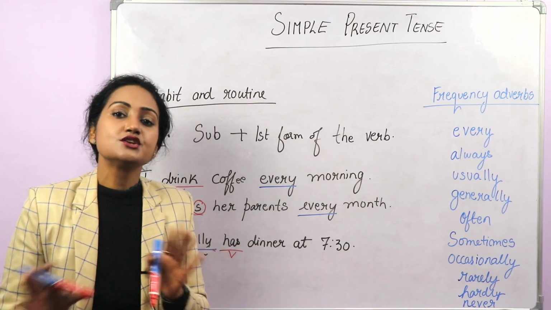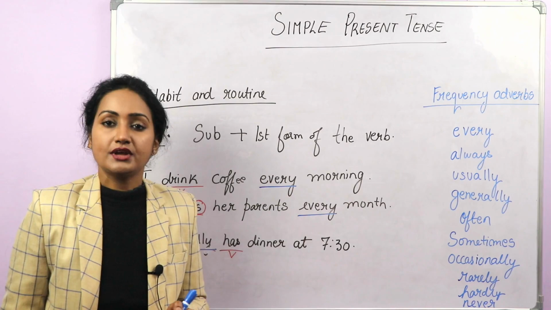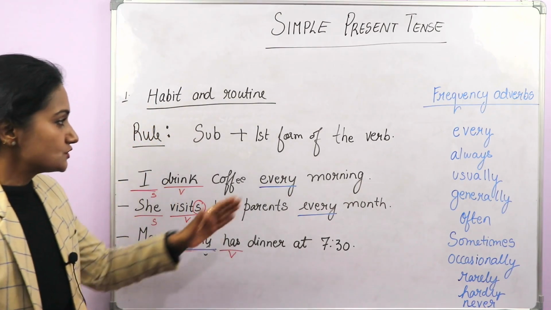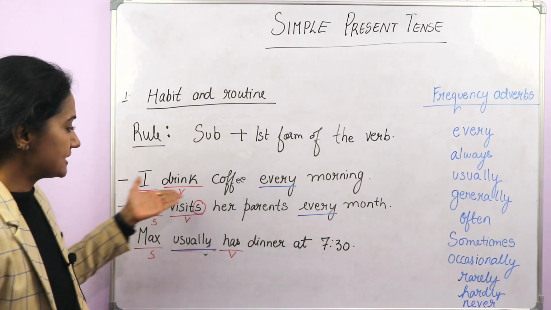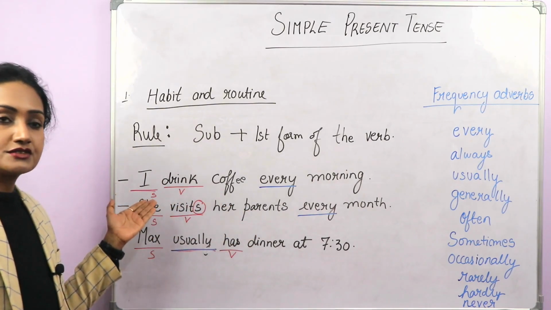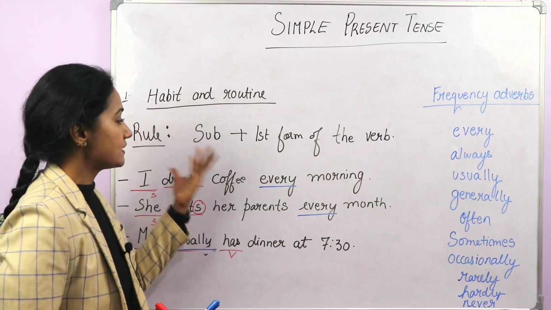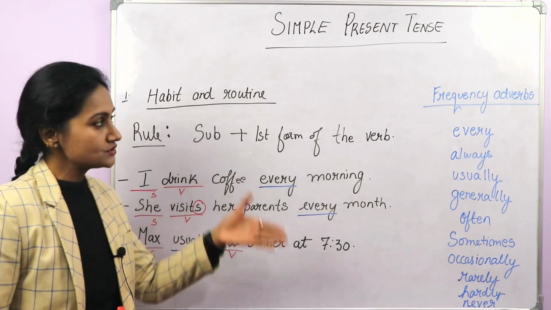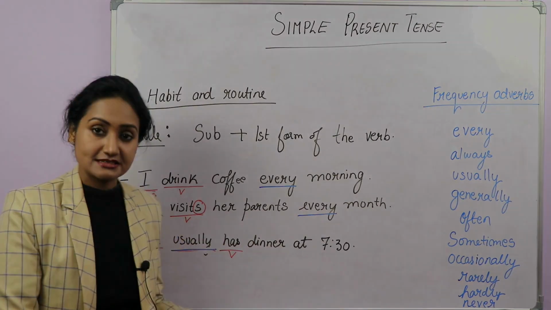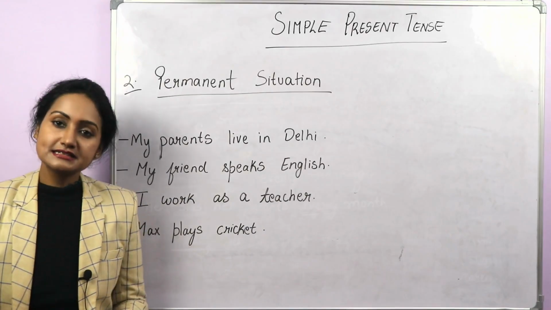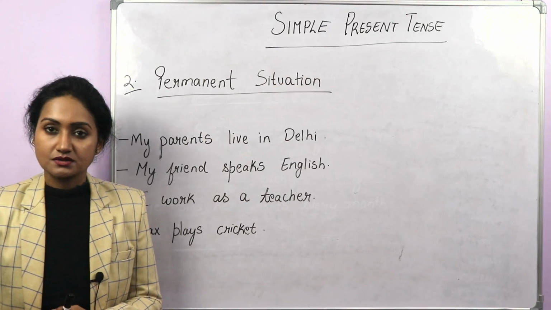Never means 0%. I never go there. So we tend to use these kinds of words while framing these kinds of sentences when we are talking about habit and routine. We use these frequency adverbs because they show the frequency. Now next is permanent situation.